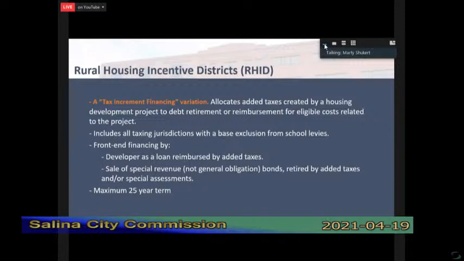So as an example of that, let's say again that I'm the developer and I'm going to loan $1 million to a project to get it going, and in all probability, I will have borrowed that money from my bank. The added taxes created by that project are then used to pay back that $1 million loan, and so I have arranged that financing as part of the deal.